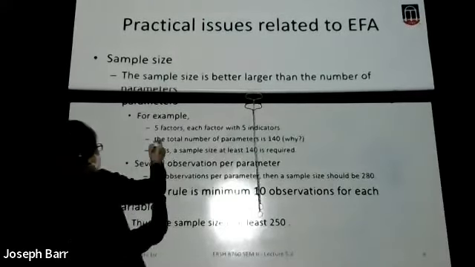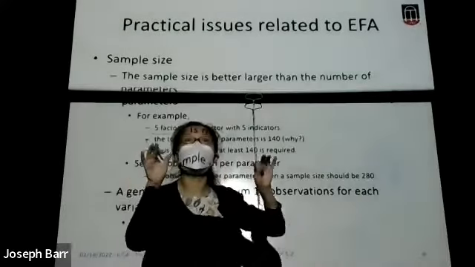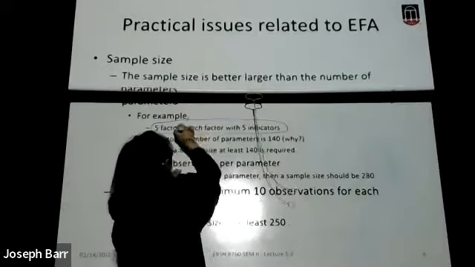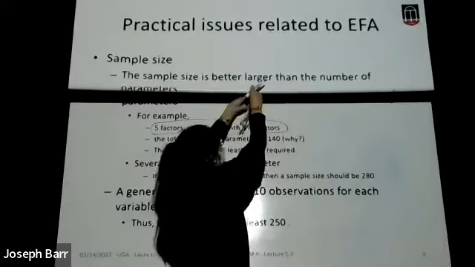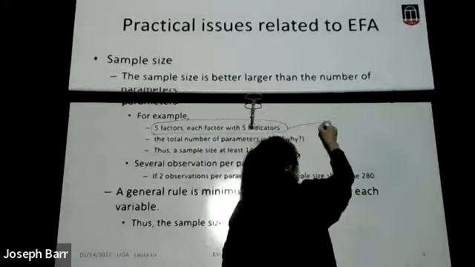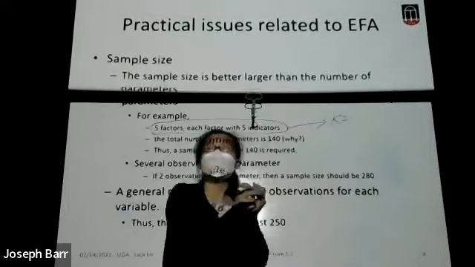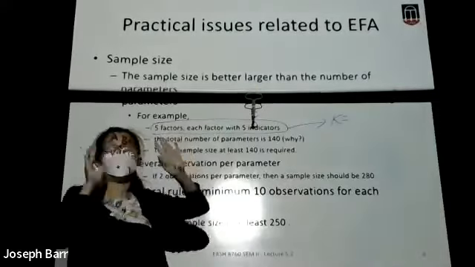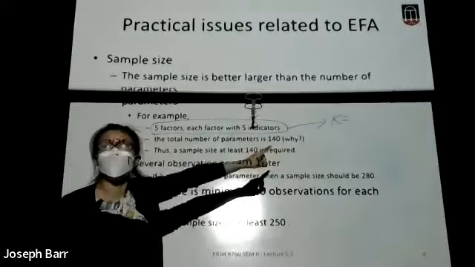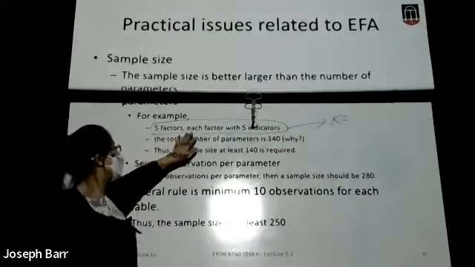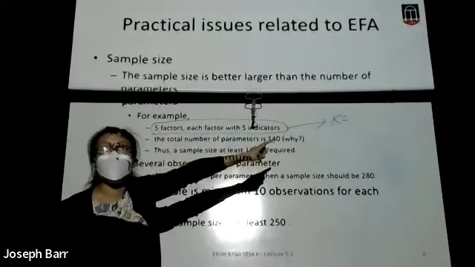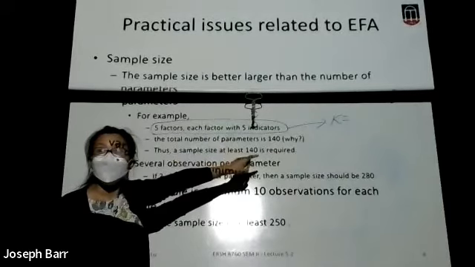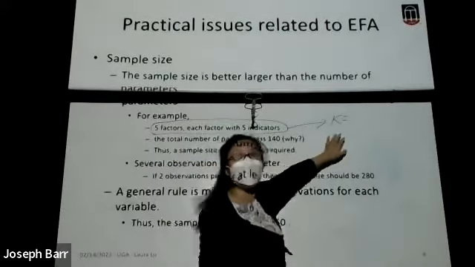Then let me ask you, what is K in this case? If you have this factor model, what is K? What is the capital K? The number of factors, K, capital K. In this case, what is the capital K?